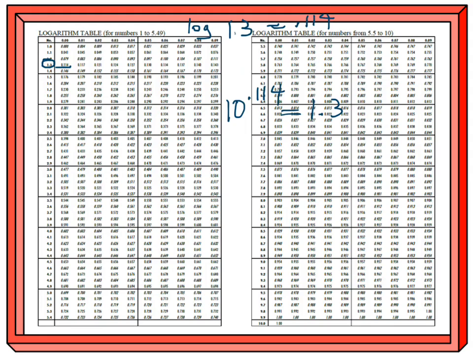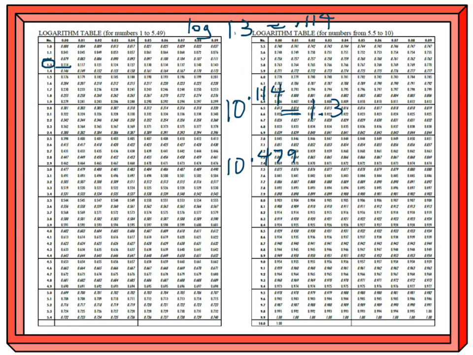Now, if I wanted to work backwards from this, if I had a power of 10 and I was trying to find out what the answer was, let's just say that I had 10 to the 0.479.